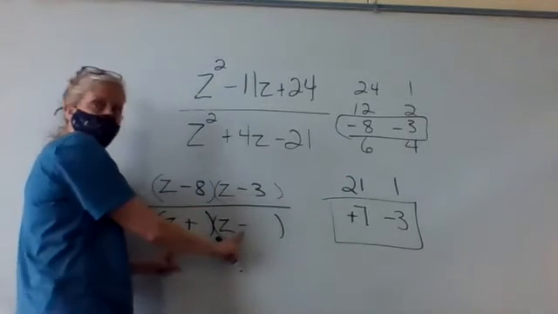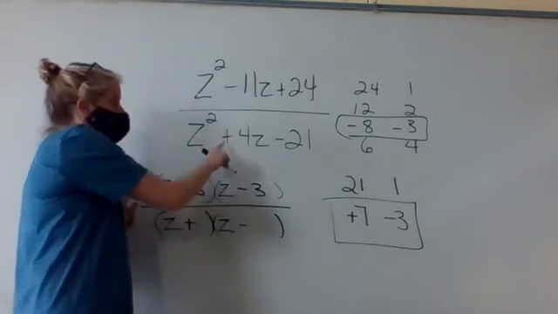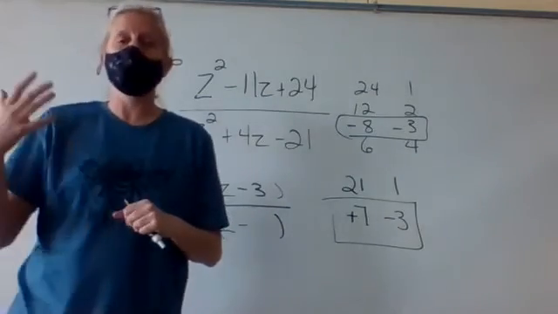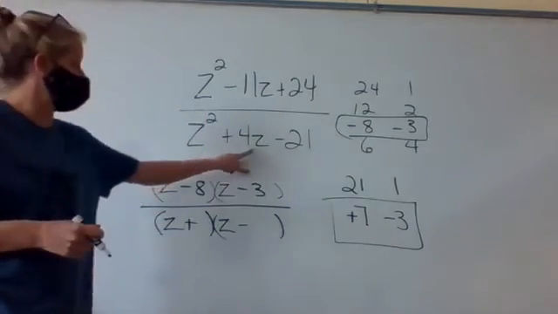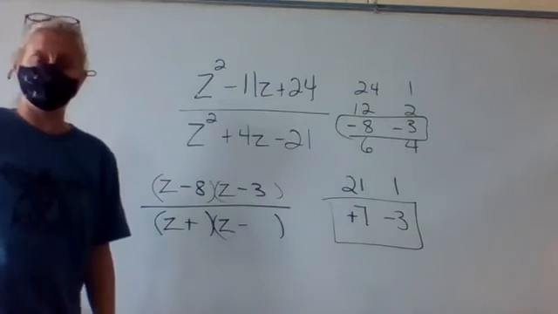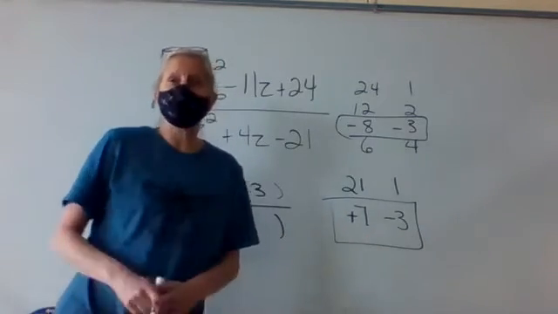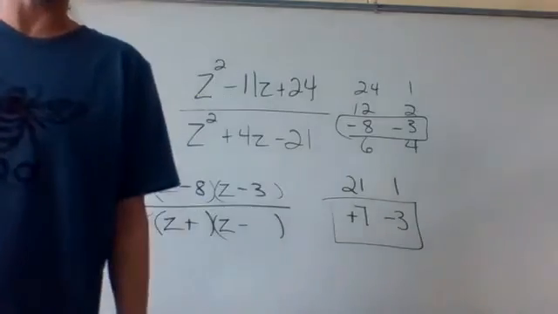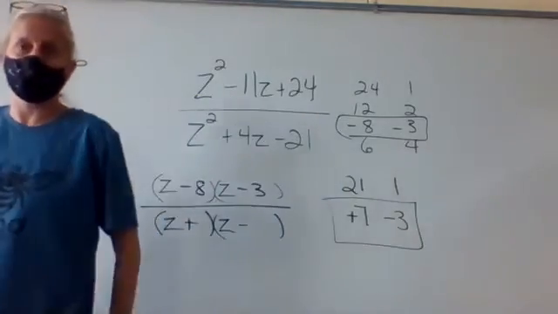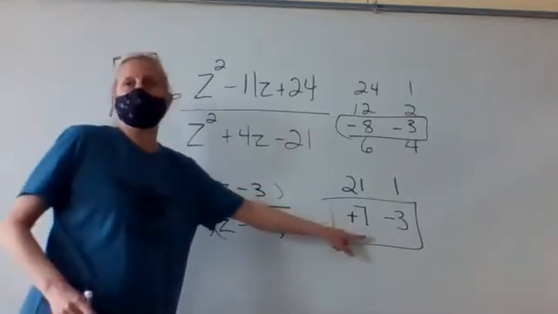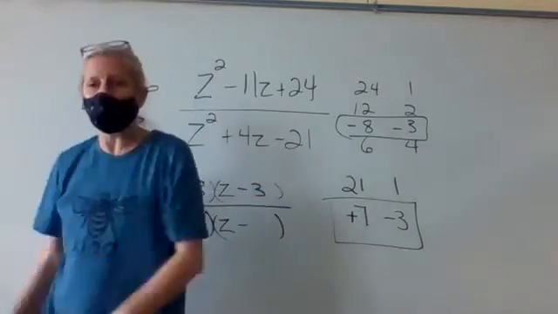If your signs are different, this sign right here tells you what you need more of. If I'm going to end up at positive 4, I'm going to need my big number to be the positive number. If this would have been negative 4, I would have needed my big number to be negative to end up negative.